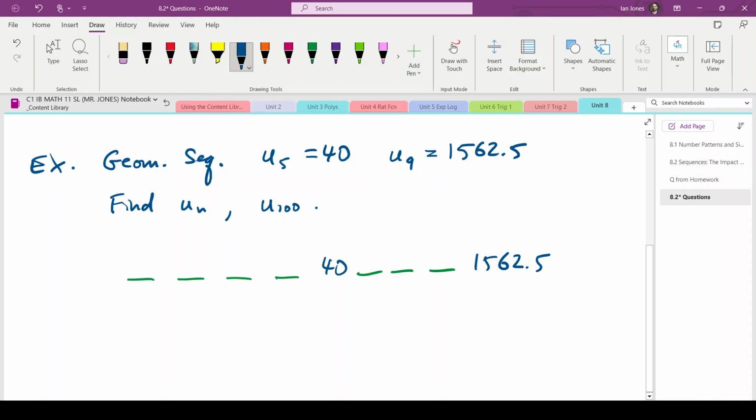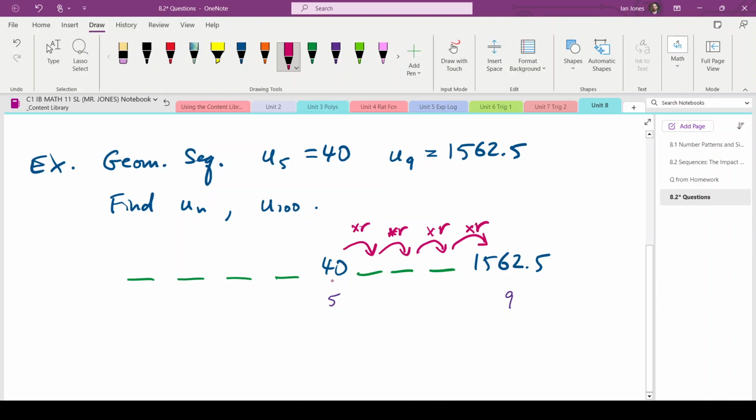Okay, it's really important that we know how many jumps there are between the two known term values. By jumps I mean how many times do we multiply by r to get to the next one. So we multiply by r to get to the 6th term, the 7th term, the 8th term, and the 9th term.